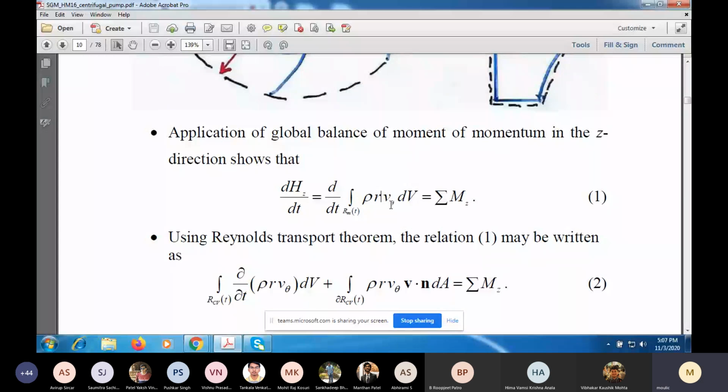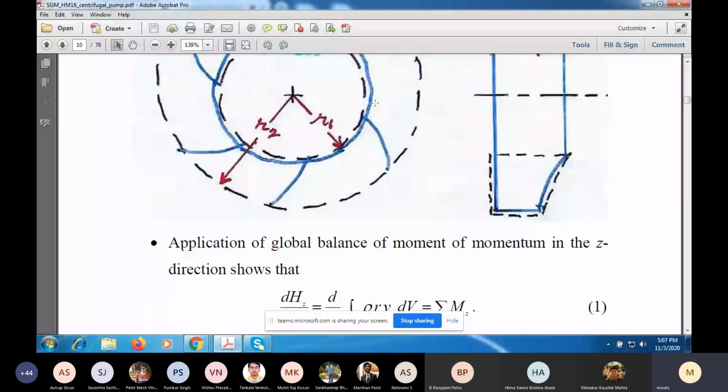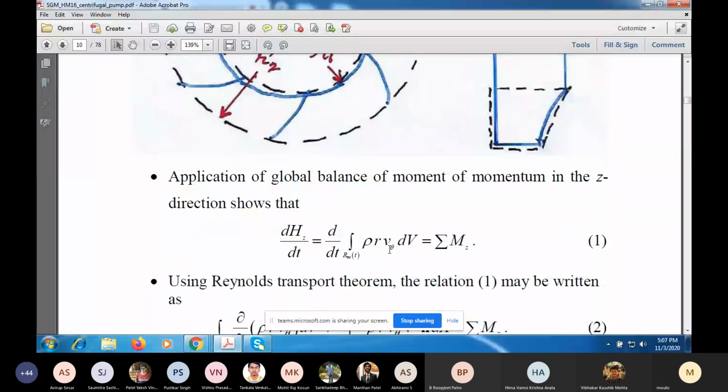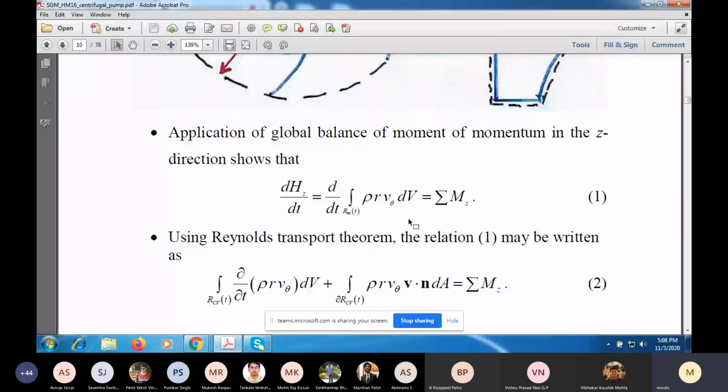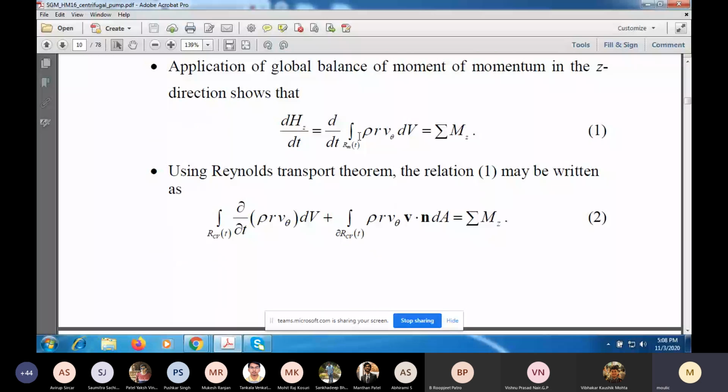If you have a particle at a radius r, lying between r1 and r2, and its tangential velocity component is v theta, then r v theta dm, where dm is rho dV, is the angular momentum integrated over the material region. This will be the sum of the moments about the z-axis. Now, if you use Reynolds transport theorem, then this integral over the material region we can write as this unsteady term and this flux.